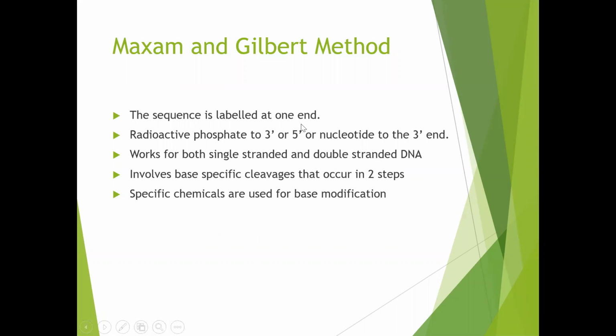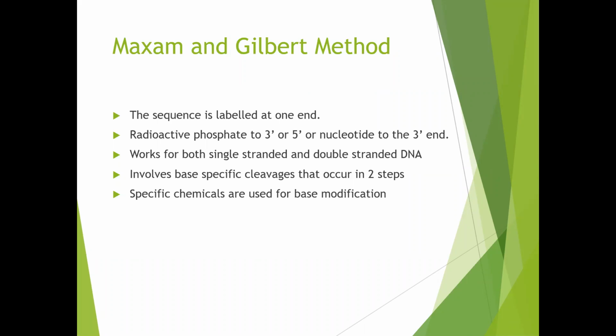So what did we discuss here? First, the sequence for which we need to determine the sequence is labeled at one end. We can use radioactive phosphate. If it is radioactive phosphate we are using for labeling, it can be labeled at either 3' end or 5' end, or if we use a radioactive nucleotide, it will be labeled at the 3' end.